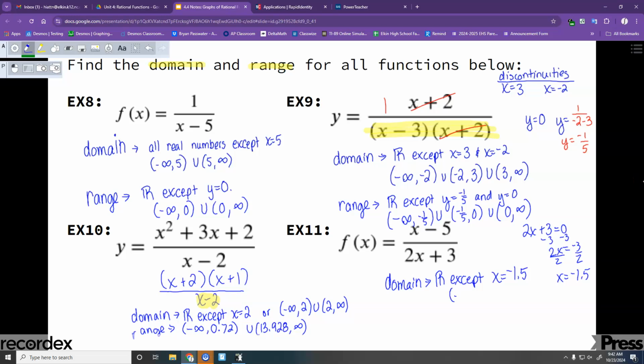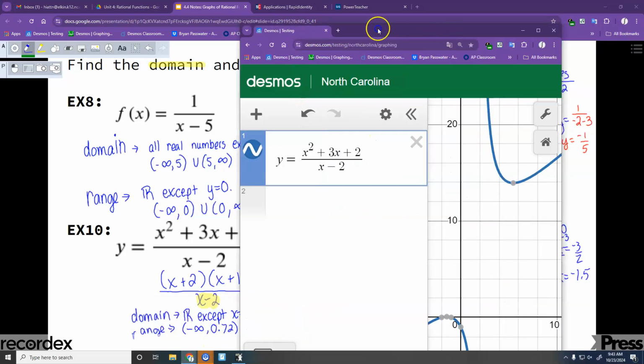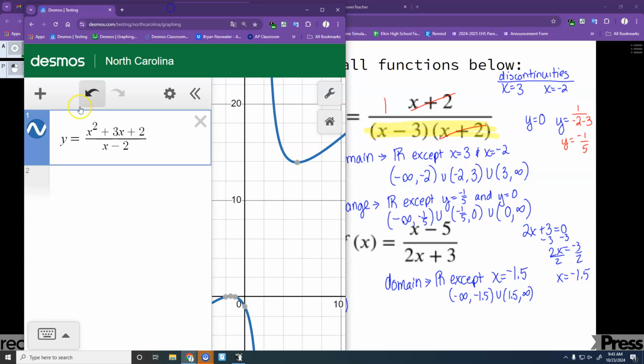Okay? That also could be written negative infinity to negative 1.5, and then negative 1.5 to infinity. And then we want to use Desmos for that range. Y'all quiet back there?